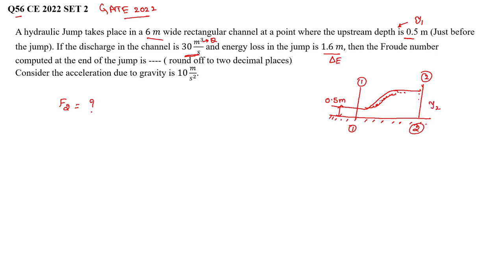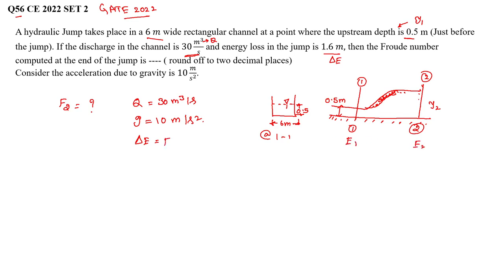The width is 6 meter, y1 is 0.5. These are the given data. What else have they given? Q equals 30 meter cube per second, and g is assumed to be 10 meter per second square. And delta E, the energy loss: here the energy will be E1, here E2, and the difference between E1 and E2 is given as 1.6 meter.